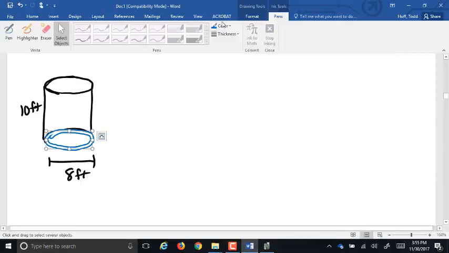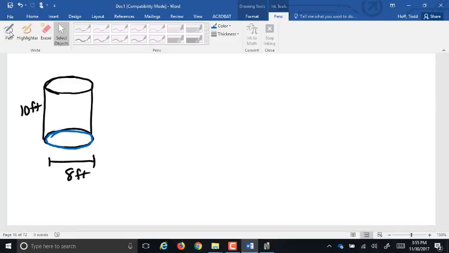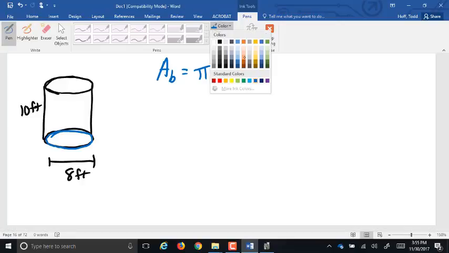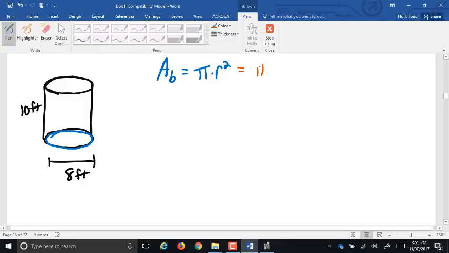Okay, so we need to find the area of our base. Since the base is a circle, it's going to be pi times radius squared. So 8 is the diameter, the radius will be 4. So pi times 4 squared. That's 50.24.